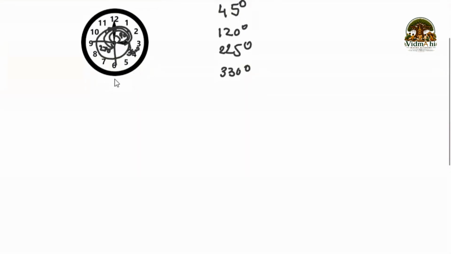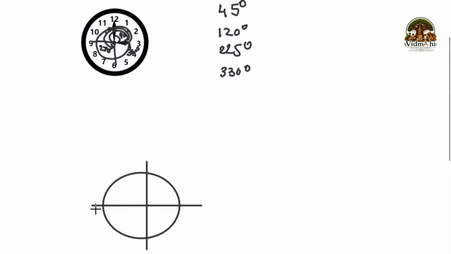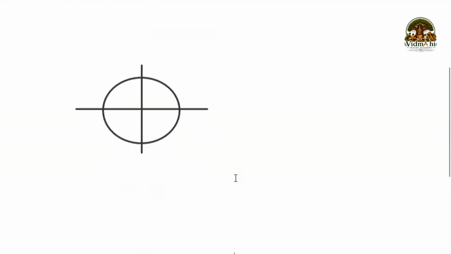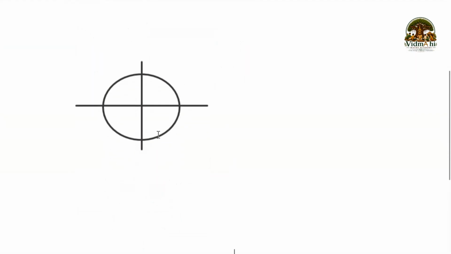Consider a unit circle and consider a coordinate system. So, here unit circle means what?